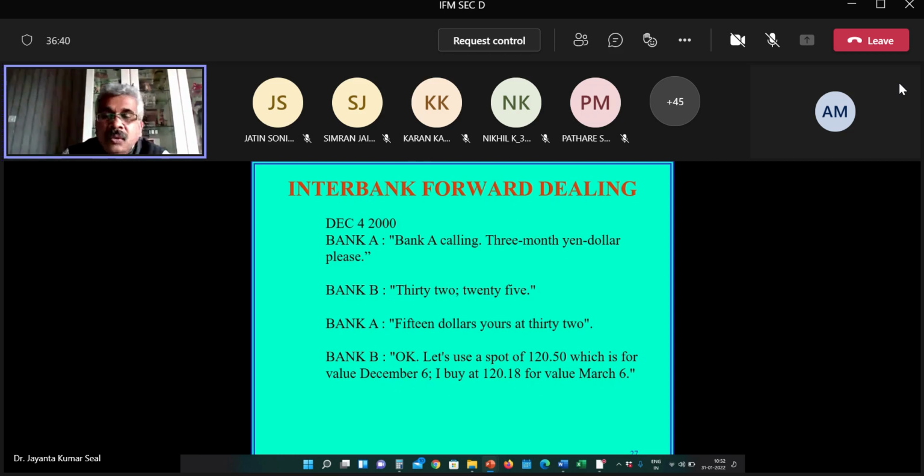Especially in 2013, when Raghuram Rajan became the RBI governor, the Indian foreign exchange market was extremely volatile, and the rupee hit a record low from 64 or 65 to 68. So immediately RBI took certain measures in order to stabilize the rupee dollar exchange rate.